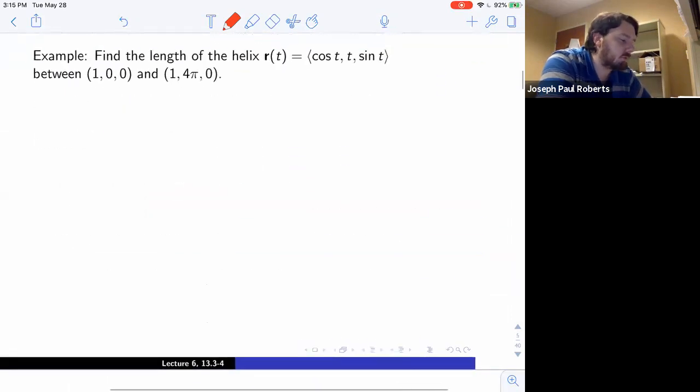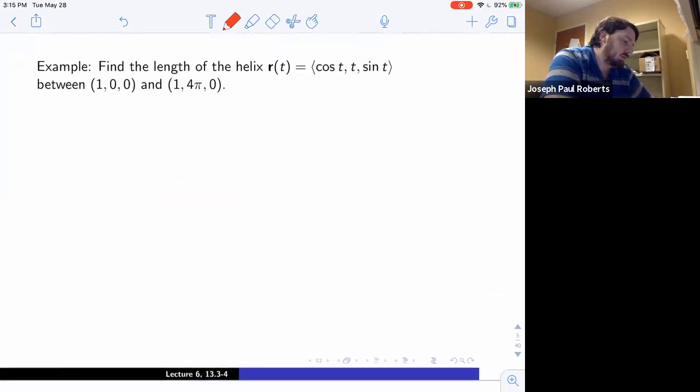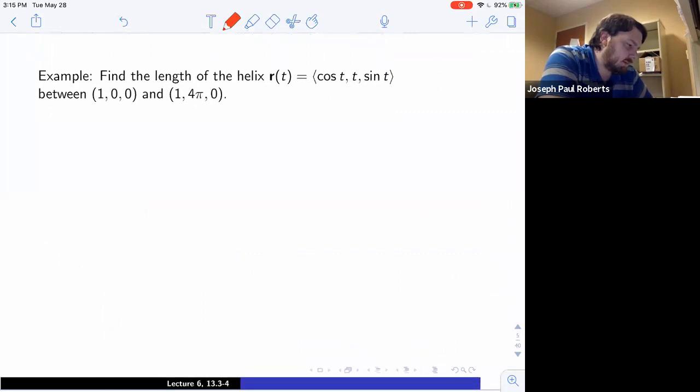So anyway, quick example. Find the length of the helix given by r of t is cosine t, t, sine t, between the points 1, 0, 0 and 1, 4 pi, 0. Okay, and so we talked yesterday about the importance of finding the t-value that spits out given points for a lot of these situations.